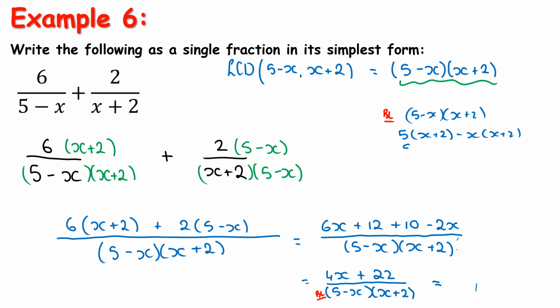That gives us 5x plus 10 minus x squared minus 2x. So that will give me 10 plus 3x minus x squared. So my final answer is 4x plus 22 all over 10 plus 3x minus x squared.